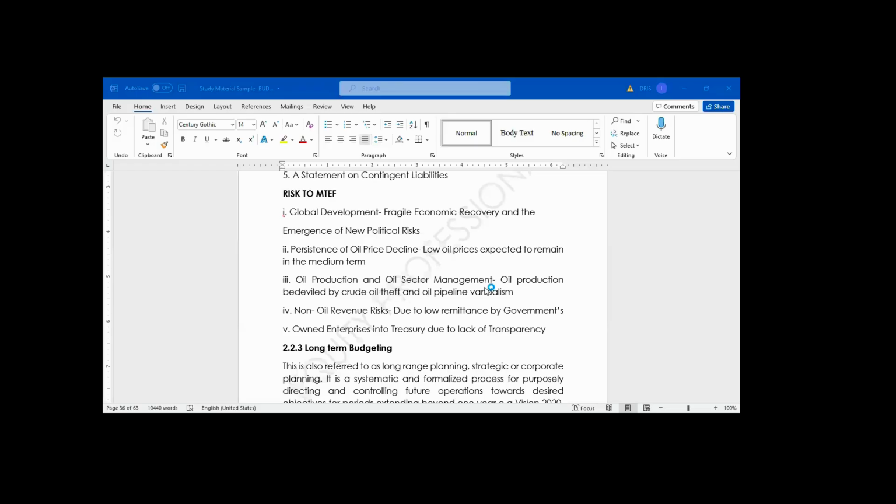So we have explained the risks associated with the medium-term expenditure framework. Your question now is that I should explain the contents one by one.